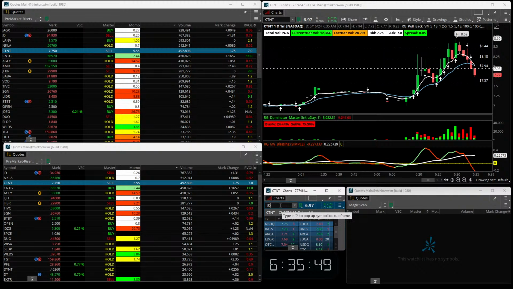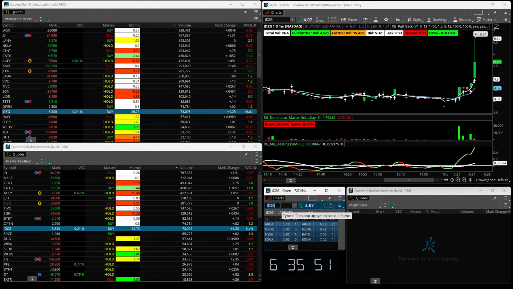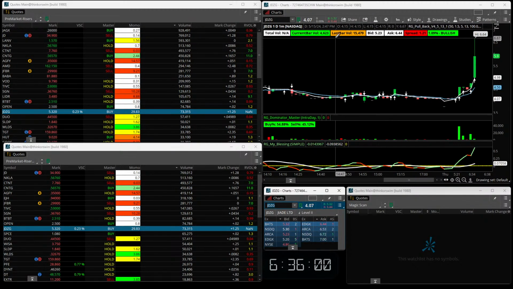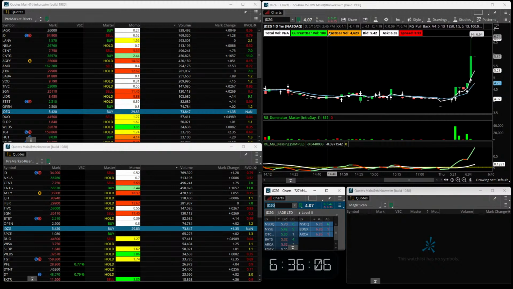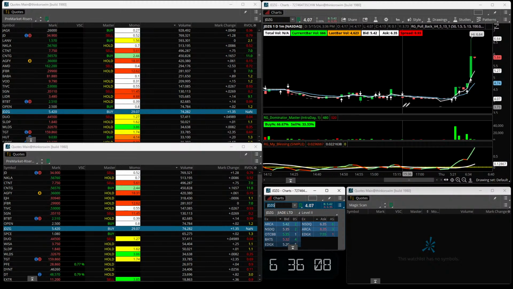JDZG. Watching the volume on this one, it is currently not moving. We do have a green candle. That does not mean the buyers will not come in. Let's see what happens.